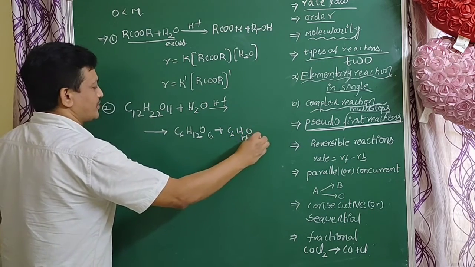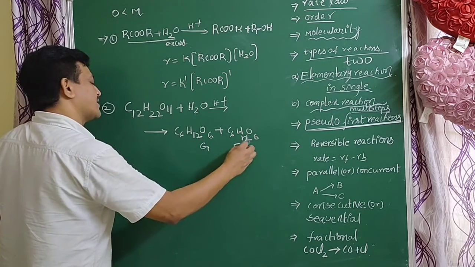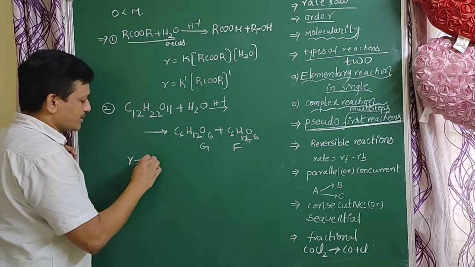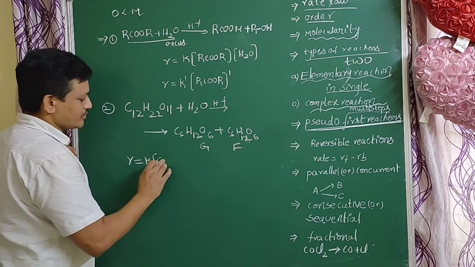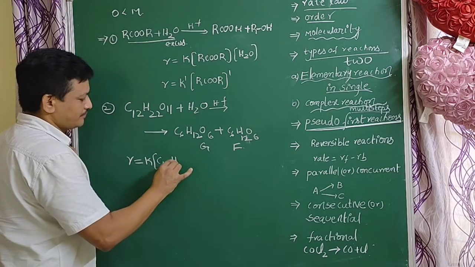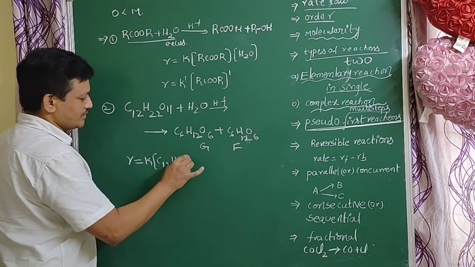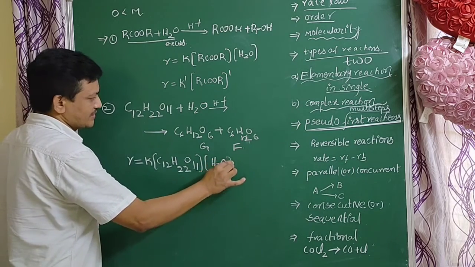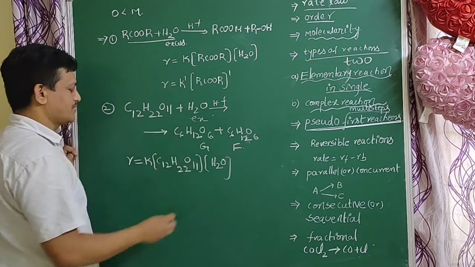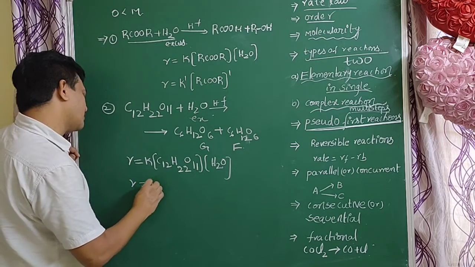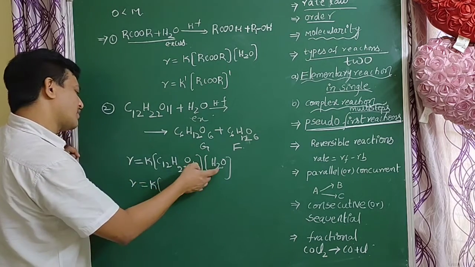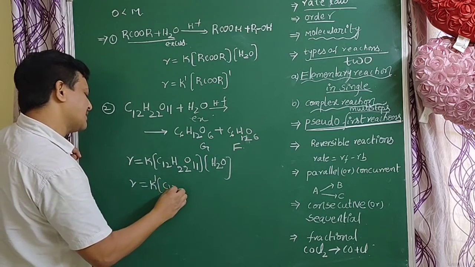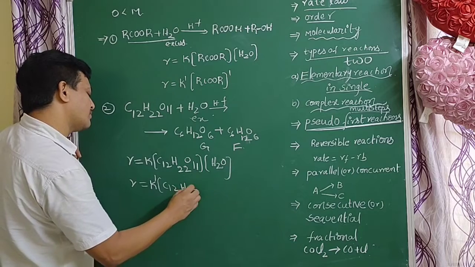So here rate is equal to K into sucrose, sucrose being nothing but sugar, into water. Here water concentration is constant, an excess amount involved in the reaction. So rate equals K into constant, concentration of water being constant, into C12H22O11.